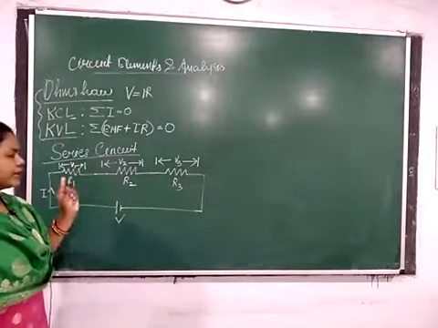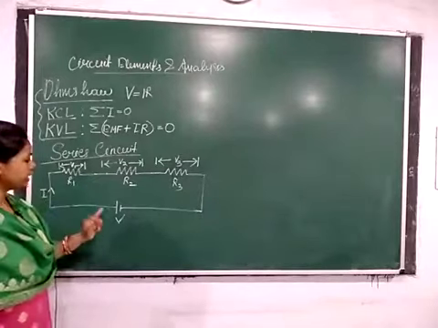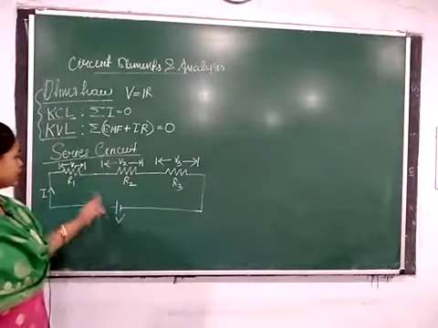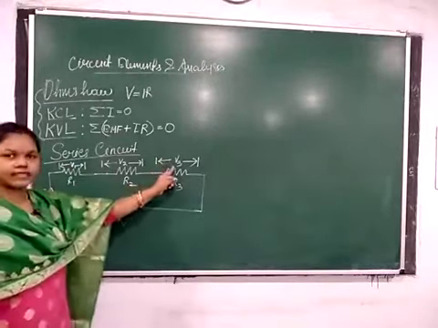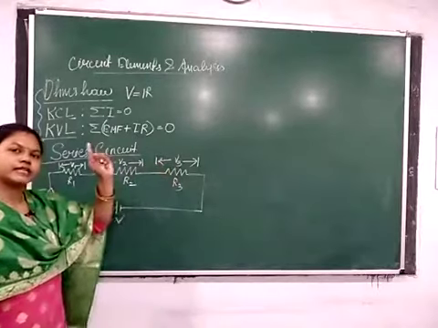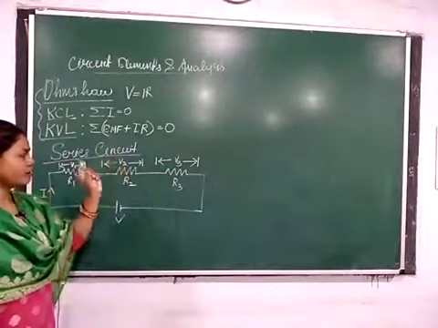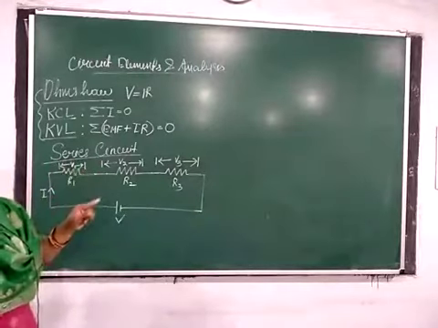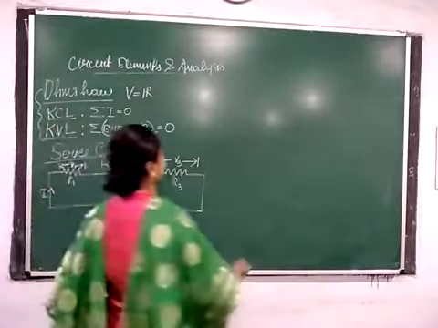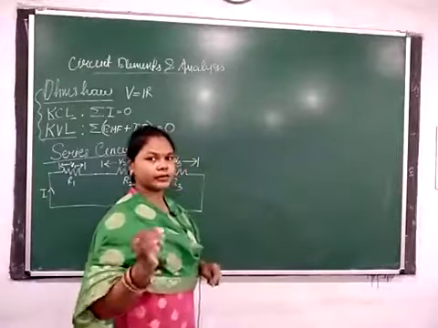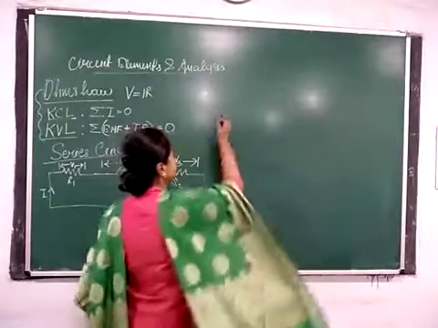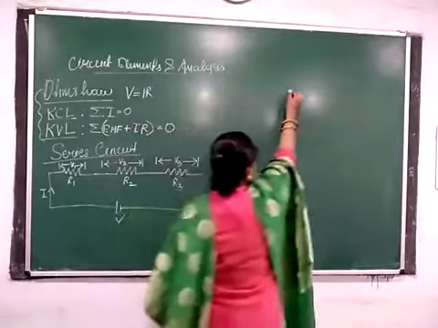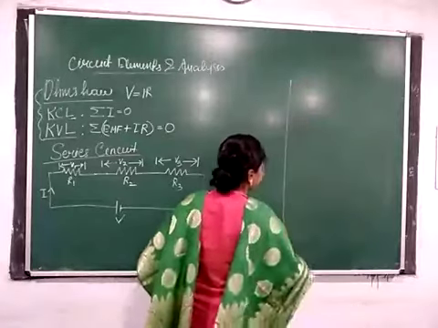Now you may have a doubt about how to take the polarity of this voltage and these voltages. In the previous lecture we already discussed this topic. Again I repeat how to decide the polarity of EMF and voltage drop. First we see how to decide the polarity of EMF.